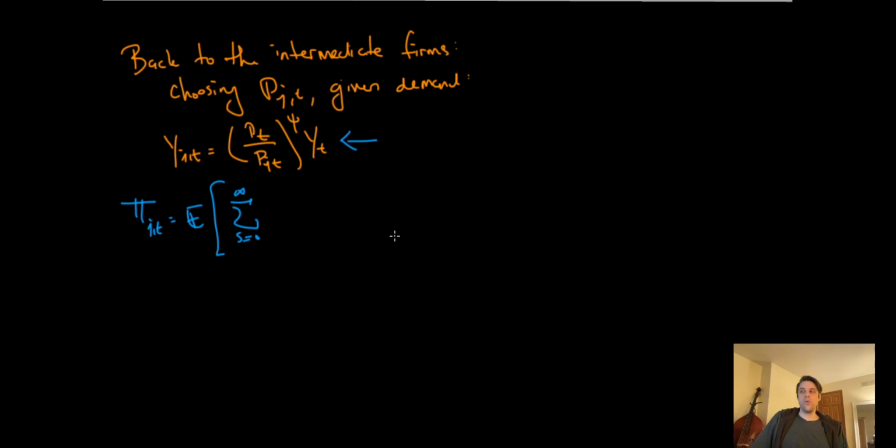We know what profits are. Profits are income minus cost. So income will be PJT times YJT, and it's going to be in period s, so PJT+s, YJT+s. And then from that, we subtract total cost for firm J in period T+s.